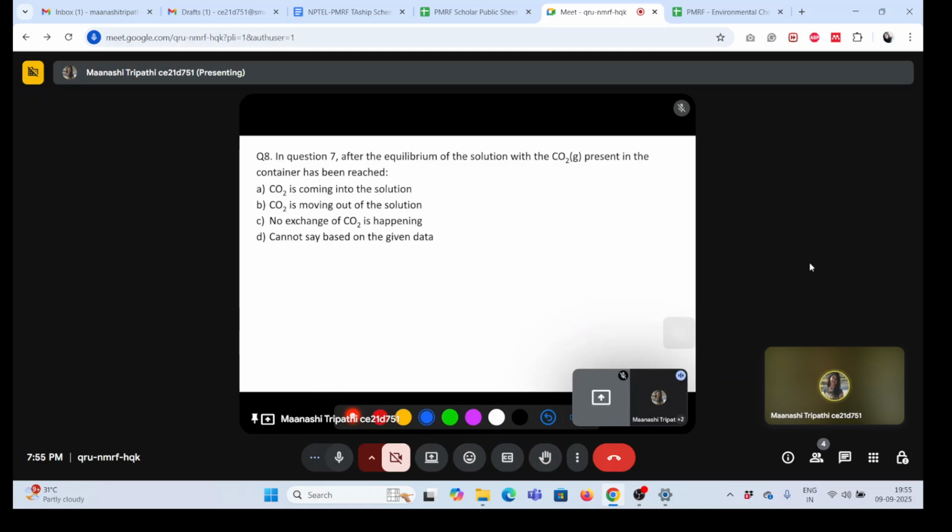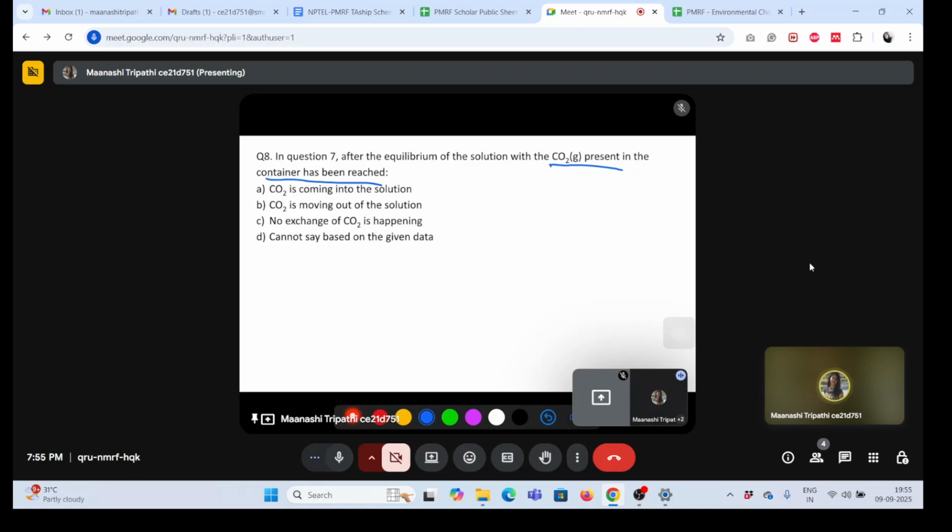Coming to the last question. In question number 7, after equilibrium, the solution with CO2 present in the container has been reached. So if you are expecting questions in the examination, this kind of question may come. Simple question.